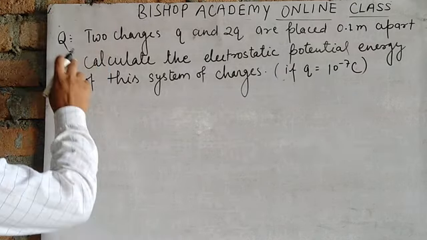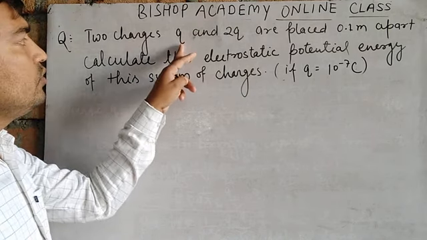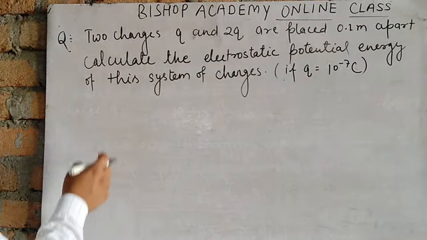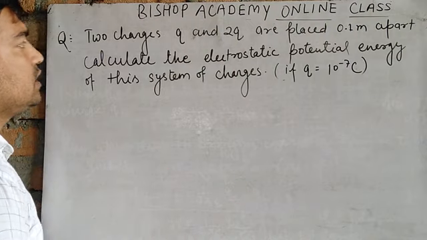Now, this is a question based on the previous topic. Two charges Q and 2Q are placed 0.1 meter apart. Calculate the electrostatic potential energy due to this system of charges.